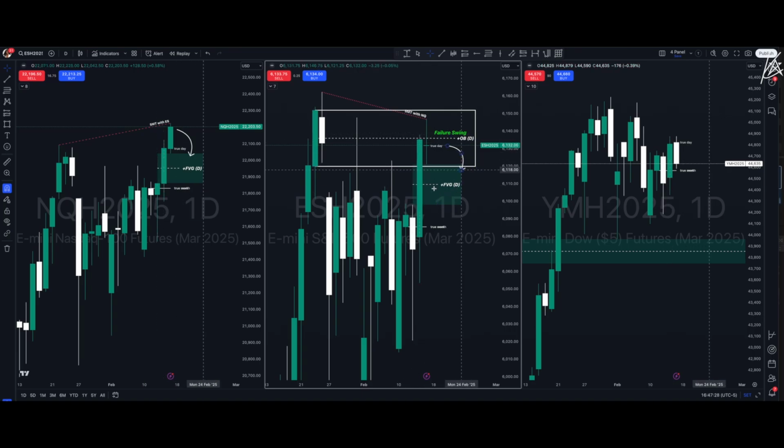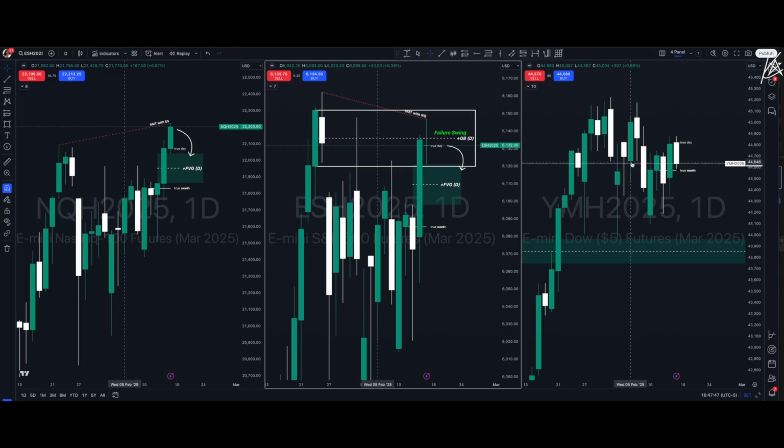So ES to me is giving, we probably need to come back and hit this fair value gap before we see what's next, which again is giving me more confluence to the idea that NQ will reach back and touch this fair value gap before trying to continue higher.